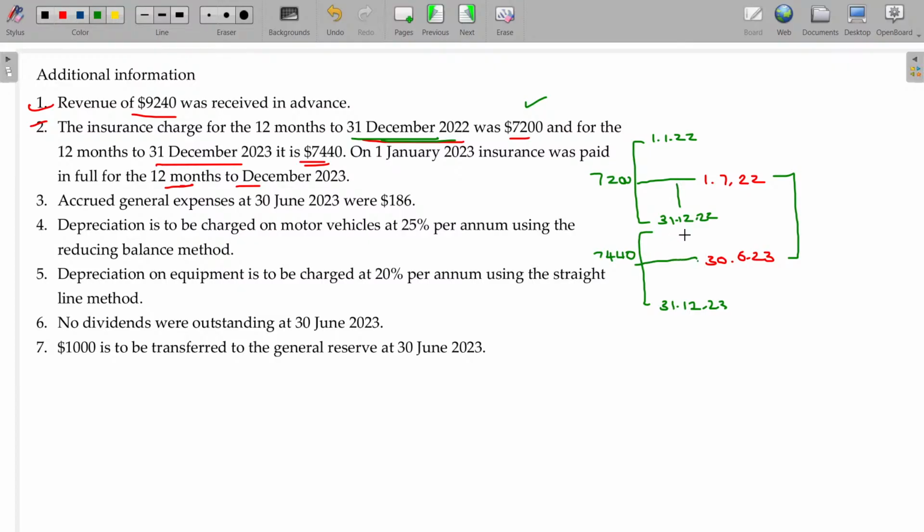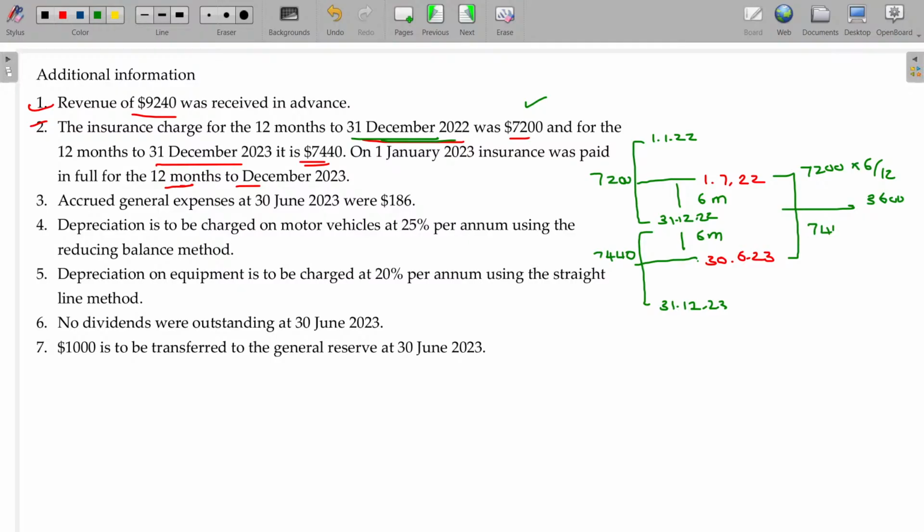From here to here, how many months are there? 6 months. Out of 7,200, for the first 6 months, 7,200 into 6/12, 3,600.